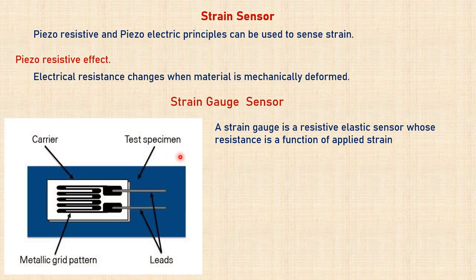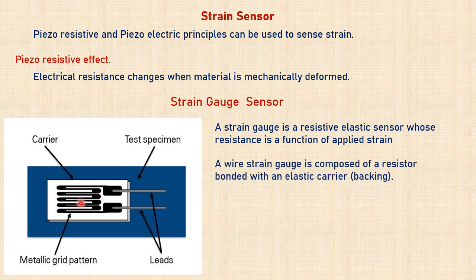Now you see in this figure, there is a metallic grid pattern, what we call resistor. Now this resistor is bonded with this elastic carrier, the white one, what you see in the figure, also called as backing.